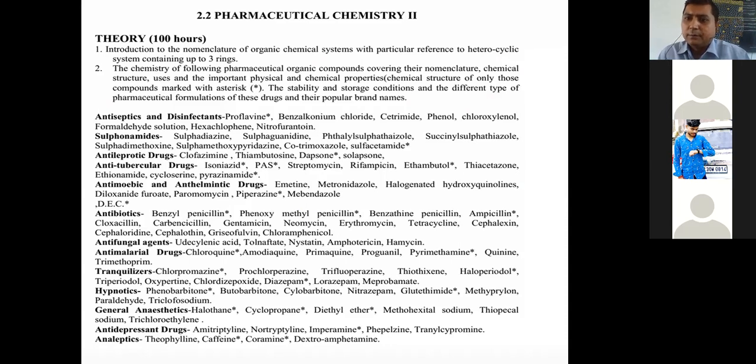Open chain compounds like methane, ethane, propane, meaning alkane, alkene, alkyne, then alcohol, and different functional groups like carboxylic acid, amines, and so on. And cyclic compounds, maybe bicyclo compounds like cyclopropane, cyclobutane, cyclohexane, cyclopentane.